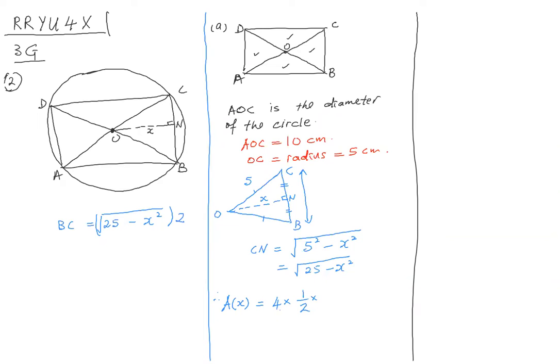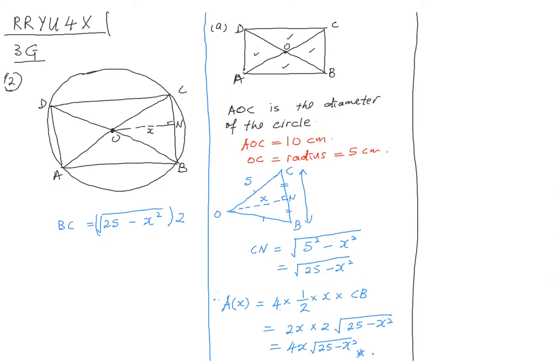That is half times X times CB. So CB is 2 times of CN. So I will have 4 times half times x times 2 times square root of 25 minus x squared. So I got 4x square root of 25 minus x squared. Done.